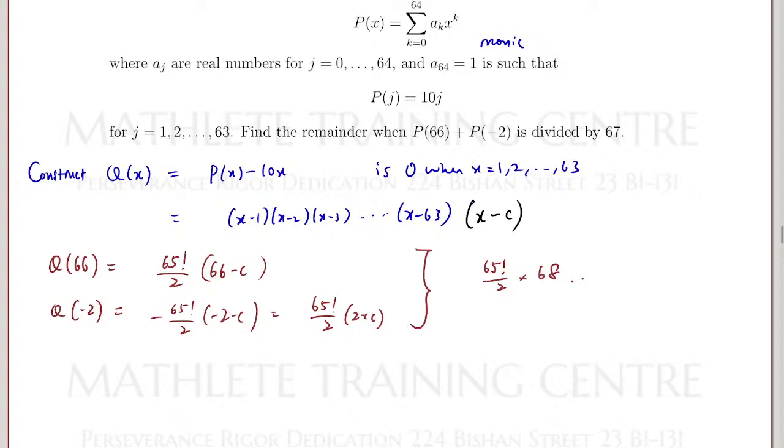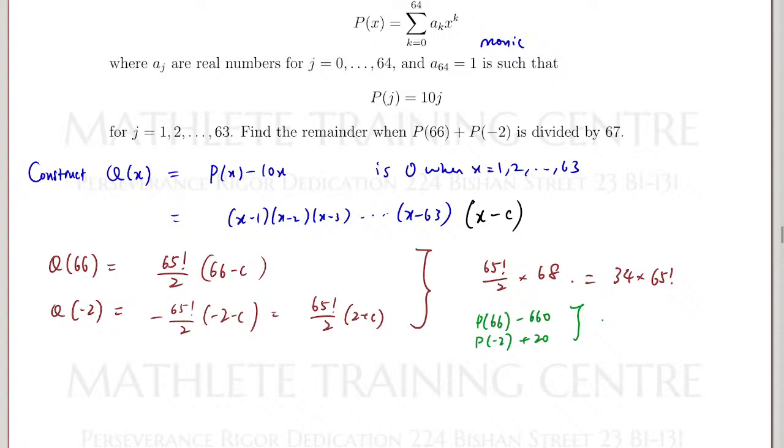Okay. So now what you want to figure out, firstly, is what this is in terms of p. When you figure it out, you are adding these two expressions together, right? For p of 66 and p of negative 2.